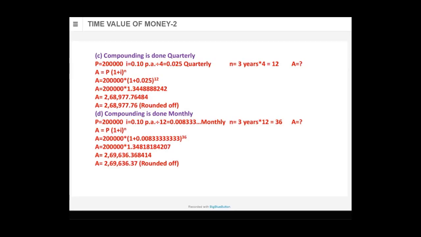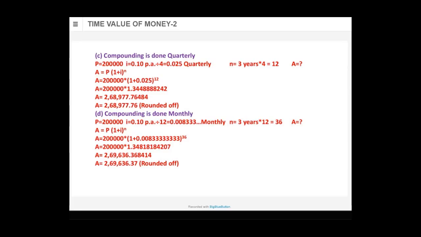Compounding. I did the same sum by 4 different methods, not different ways, different calculations. One was compounded annually. Second was compounded half yearly, that is semi-annually. Compounded quarterly and compounded monthly. Which will give me the biggest amount?